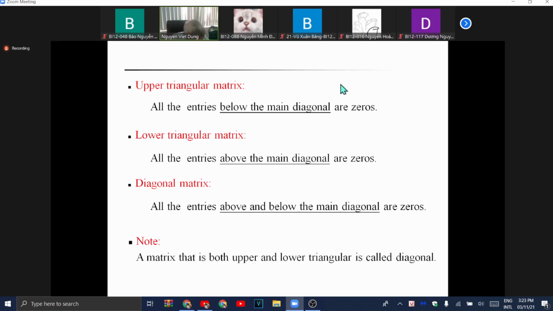The last thing we studied last week is the determinant of a triangular matrix. The definition of triangular matrix is on screen. We have an upper triangular matrix and a lower triangular matrix. And if something is upper and lower triangular at the same time, it is exactly the diagonal matrix we defined from the very beginning of the class today.